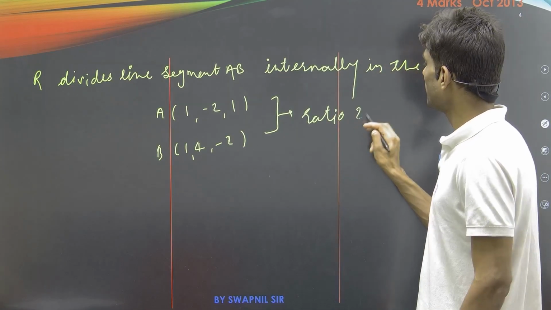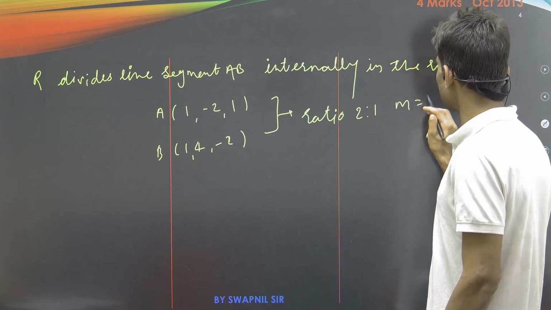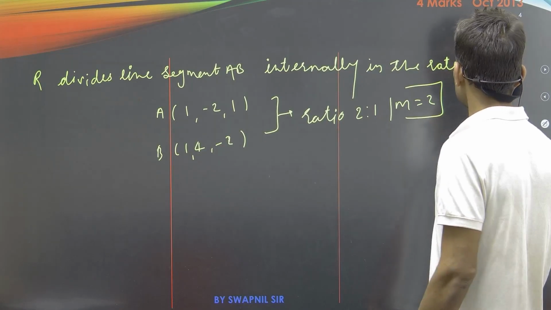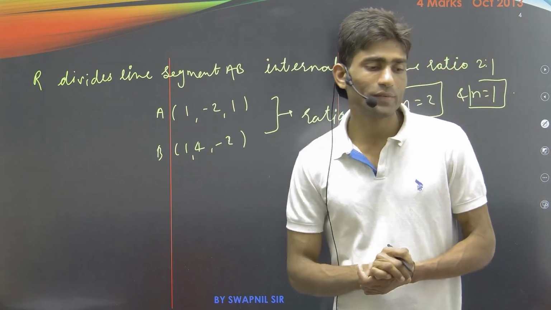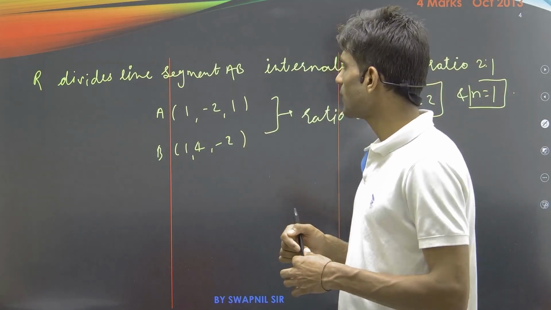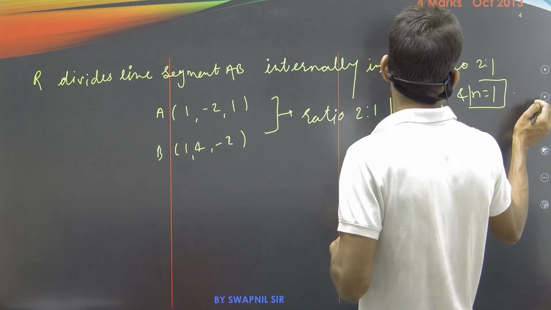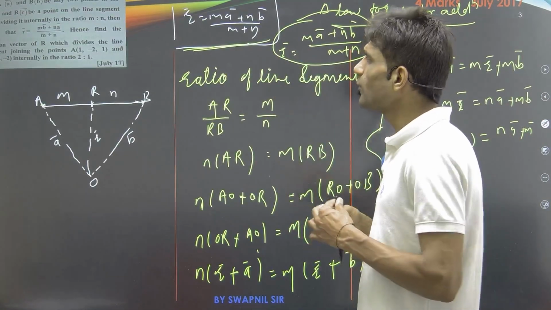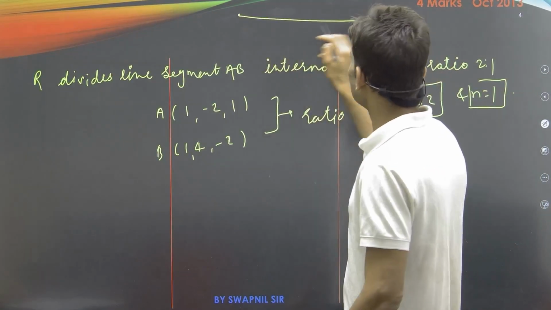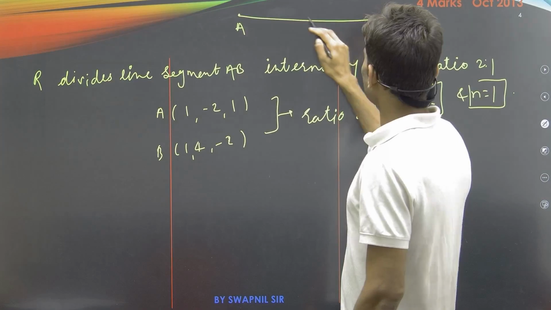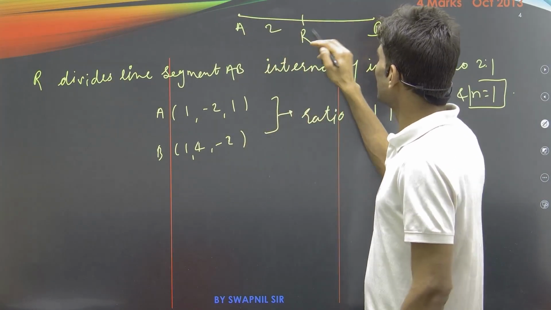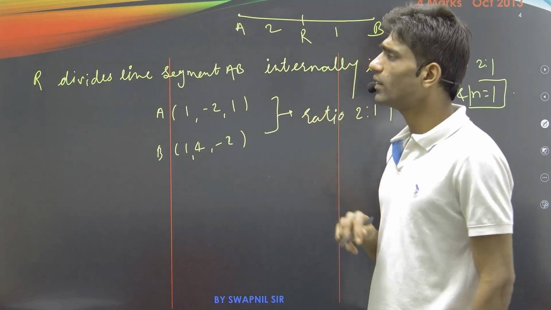That means the value of m is equal to 2 and the value of n is equal to 1. So using all this data we have to find the value of r which divides our line segment. We have the line segment AB and we want the value of r, where the line segment AB is divided in the internal ratio 2:1.